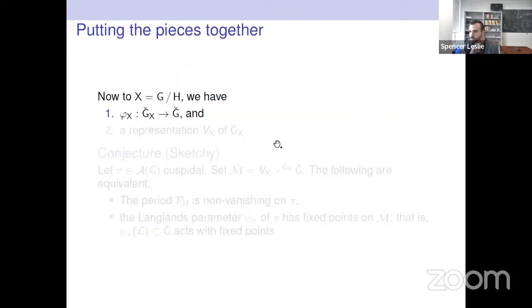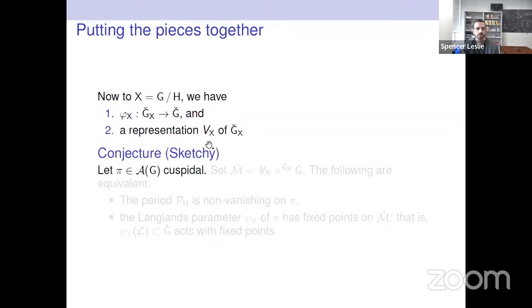We have this dual group, this dual homomorphism, and we have this specific representation, V_X, of this dual group. And so the conjecture is the following. So let's take pi a cuspidal representation of G, and we'll form this sort of contracted product.